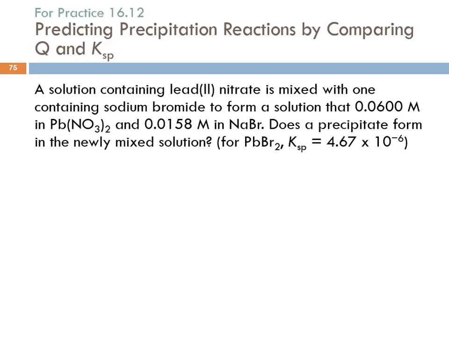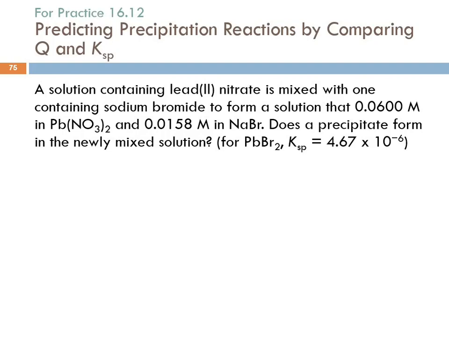A solution containing lead-2 nitrate is mixed with one containing sodium bromide to form a solution that, there's a word missing, that is 0.0600 molar in lead-2 nitrate and 0.0158 molar in sodium bromide. Does a precipitate form in the newly mixed solution? And you're given the KSP for lead-2 bromide.